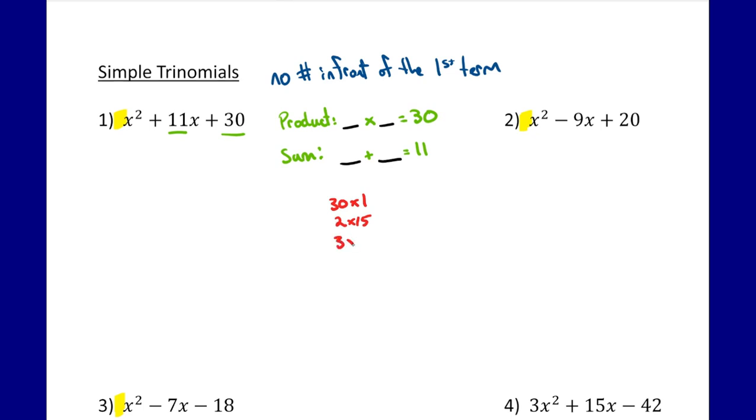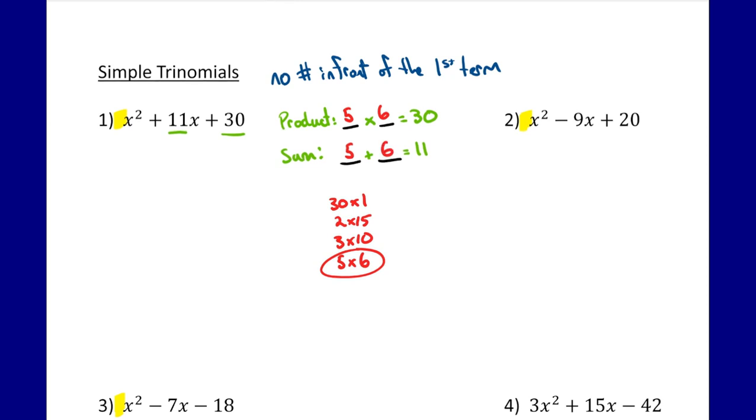We have 3 times 10. 3 plus 10 does not equal 11. There's nothing with 4. For 5, we do have 5 times 6. Oh, and 5 plus 6 is 11. So these are our two numbers. Because 5 times 6 is 30. 5 plus 6 is 11.